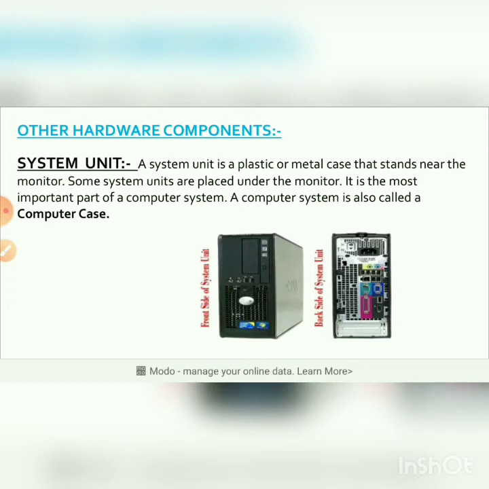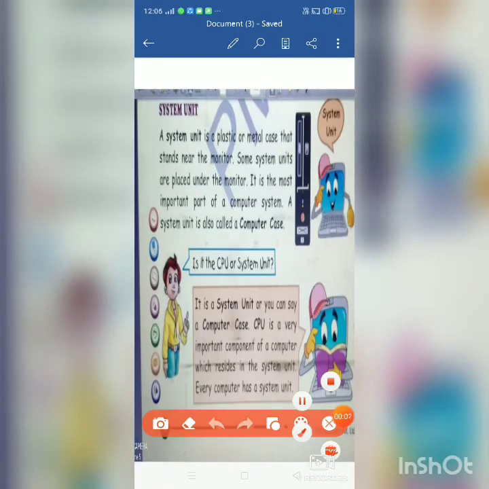A system unit is a plastic or metal case that stands near the monitor. Some system units are placed under the monitor. It is the most important part of a computer system. A system unit is also called a computer case. Look at the picture. Let's do an activity.